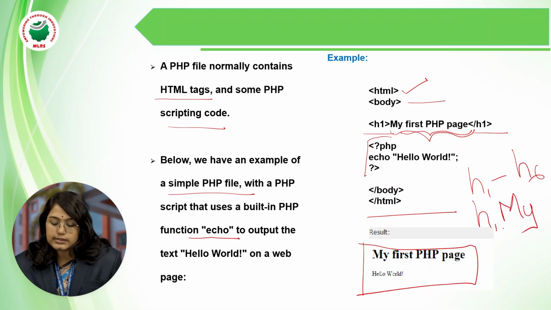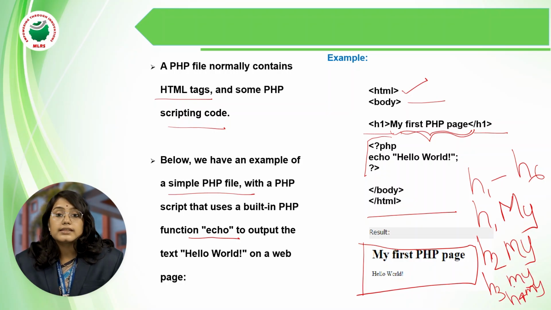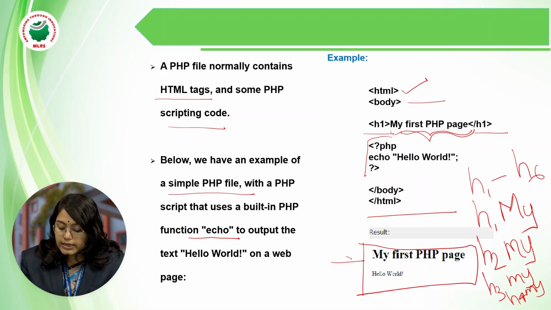Let's think like this: H2 will be smaller, and H3 will be smaller still. As it goes from H1 to H6, the size of the text will decrease. So that's why the first heading style is H1. It will be given in this format.